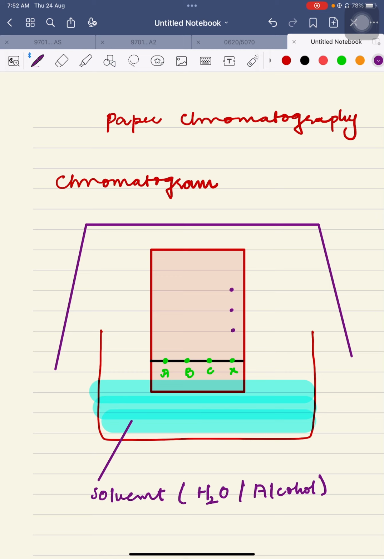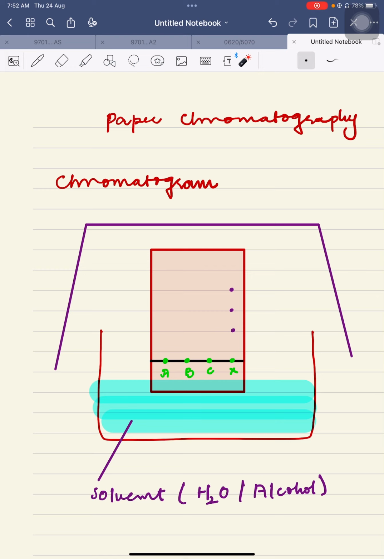Now this solvent will start traveling up. It will start dissolving A, B, C, and X, and it will start traveling up. We can see that A is traveling up, B is traveling up, C is traveling up, and X is traveling up as well.